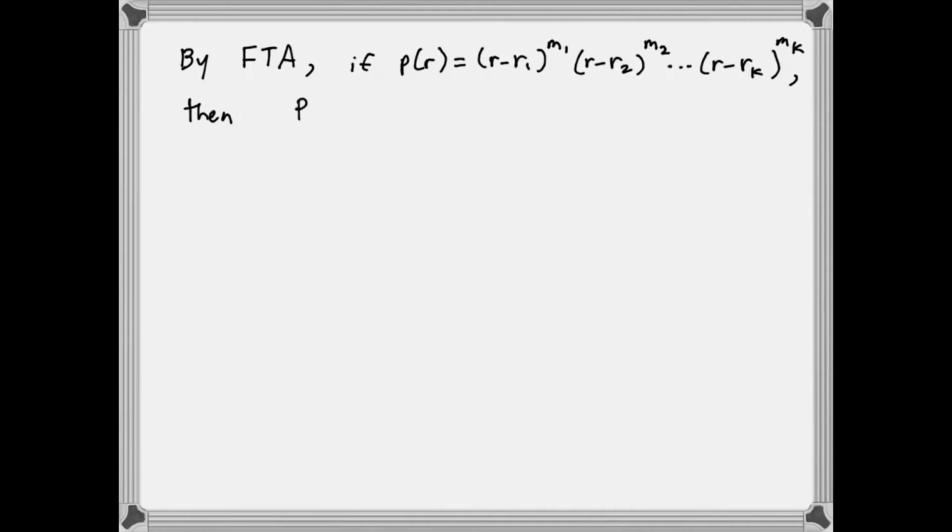We can always factor it into real and complex numbers. So by the fundamental theorem of algebra, P of r looks like r minus r1 to the m1 times r minus r2 to the m2 all the way to r minus rk to the mk. If we can factor it, then our polynomial differential operator can also be factored in the exact same way.